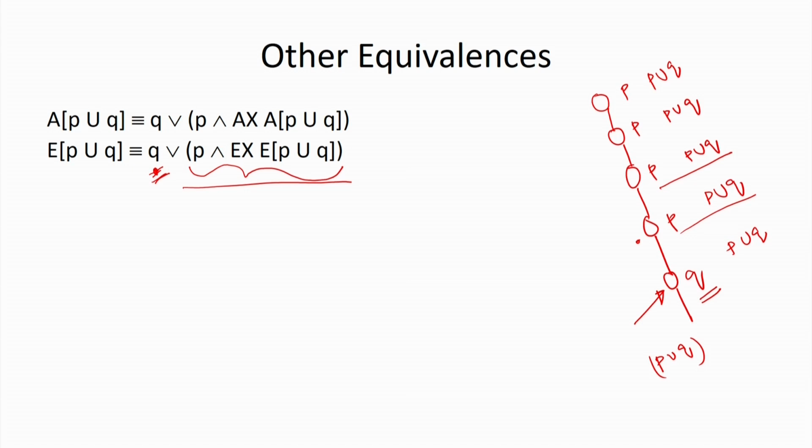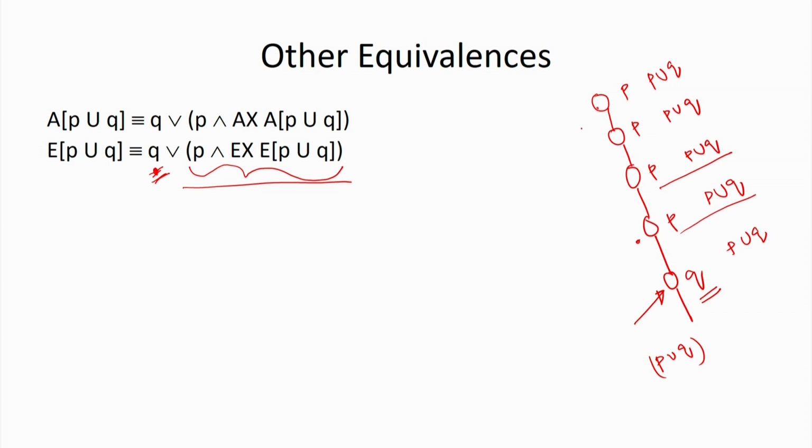Similarly, for A also you can say that A P until Q will be true in a particular state provided Q is true in that state, or if Q is not true, then we look for the other part: P must be true in that particular state and in all paths in the next state A P until Q must be true.